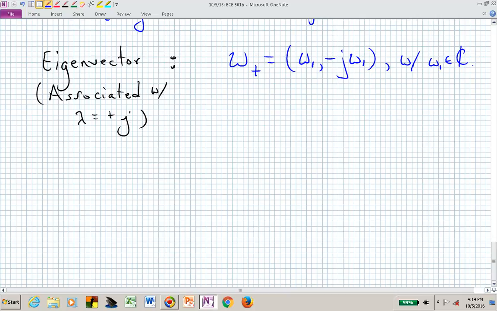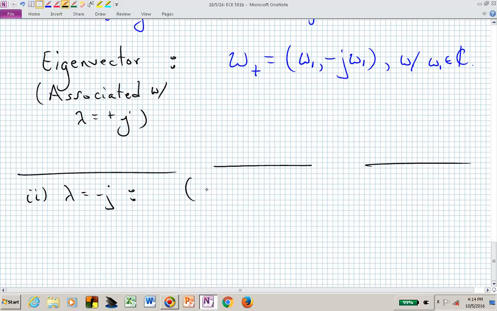We can also find the eigenvector for the other eigenvalue using exactly the same approach.